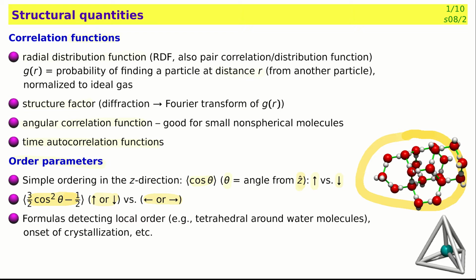That is, I choose an oxygen atom, I find 4 neighbors, and then put positions of these neighbors to this formula, or perhaps only angles, and the number tells me whether there is a tetrahedral arrangement around the central atom or whether it deviates in some way from this. This quantity can be used, for example, to detect crystallization or just to study the structure of water or molten silica or something like this.